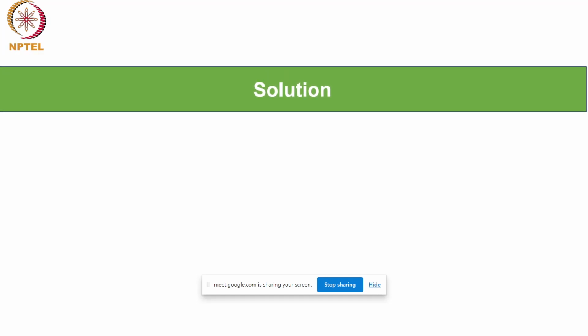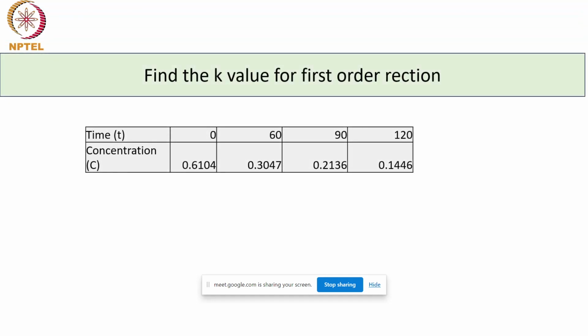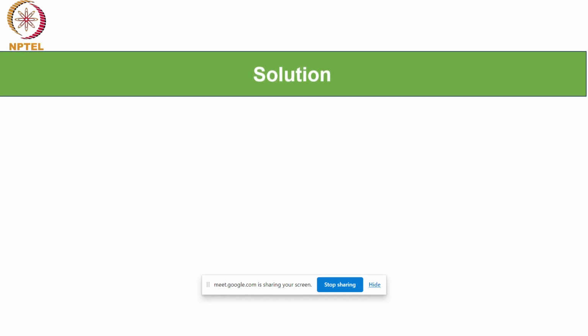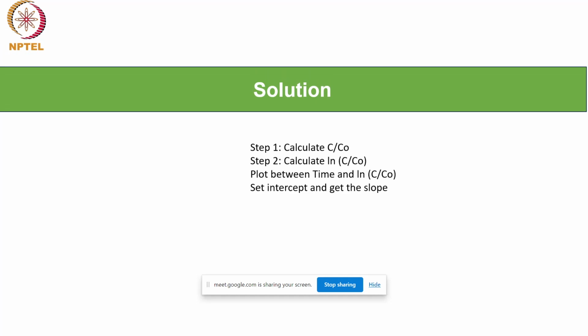So what you have to do is find the first order reaction rate constant, that is K. So step 1, you have to calculate the C by C naught value. Second, you will have to calculate ln of C by C naught. And third step is you will have to make a plot between time and ln of C by C naught.